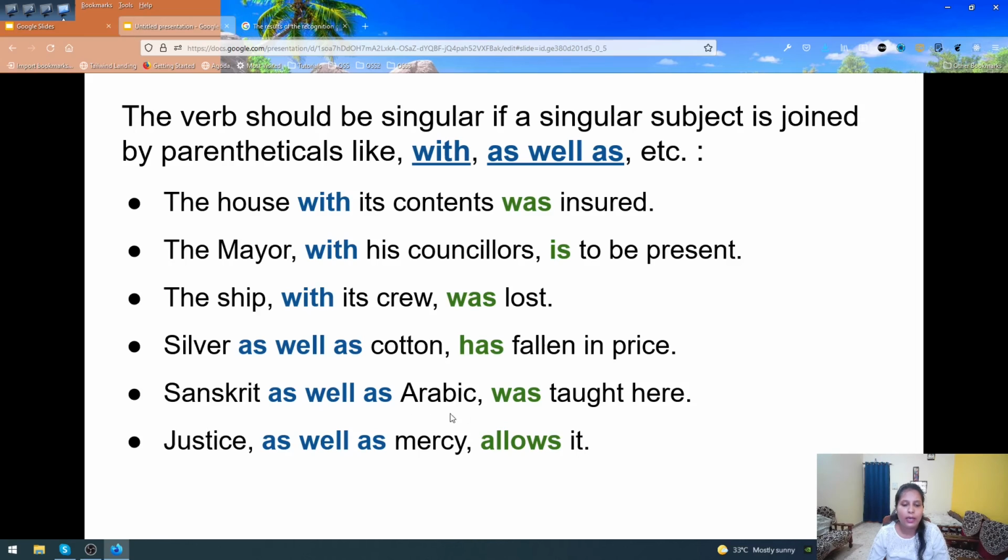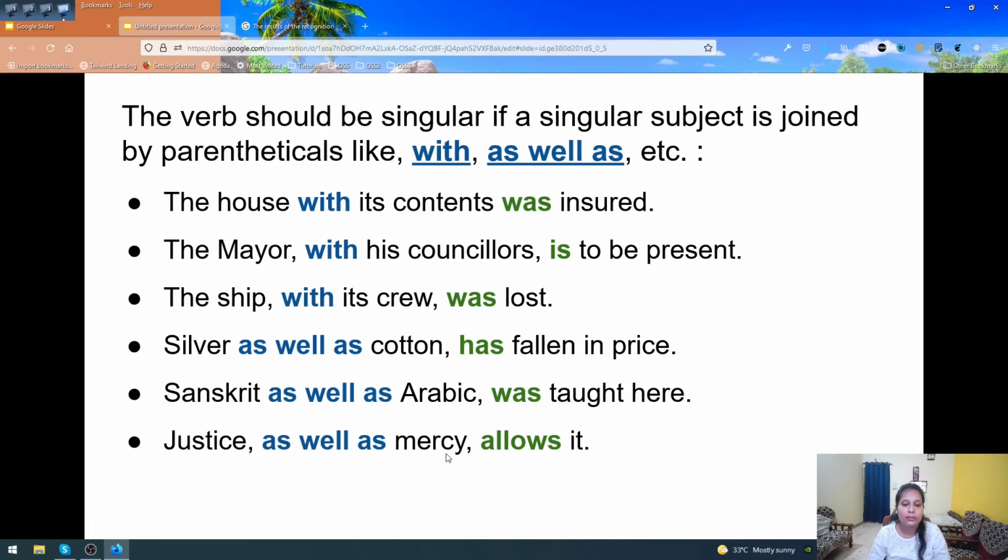Sanskrit as well as Arabic was taught here. So again here we are talking about two languages, that is Sanskrit and Arabic. And both are connected with this parenthetical word, that is as well as. Okay. And that's why here our verb is singular, was.